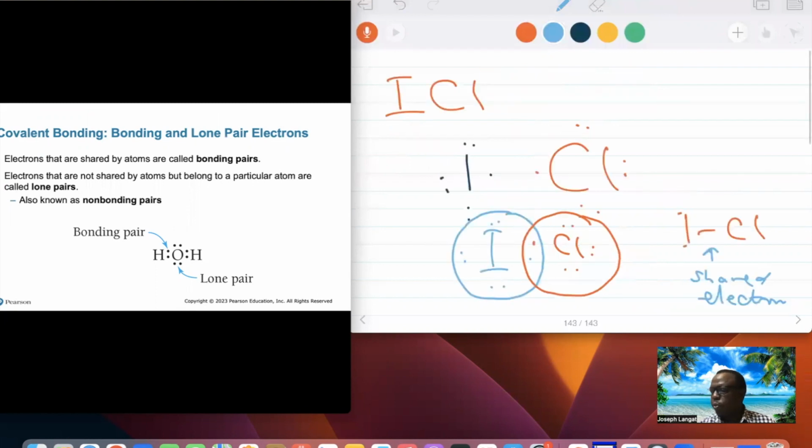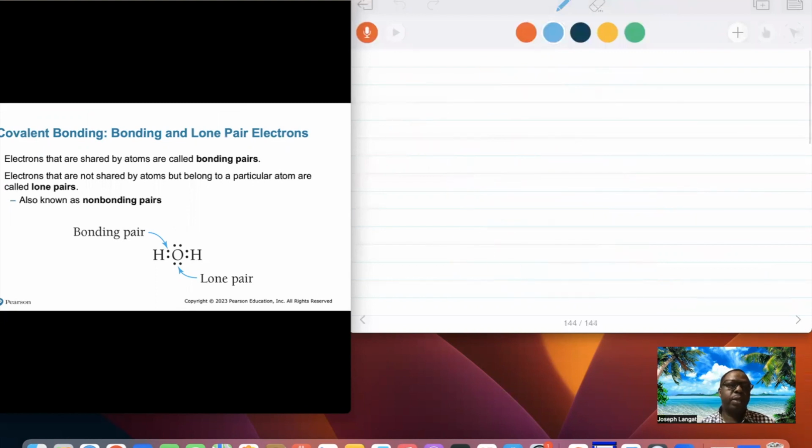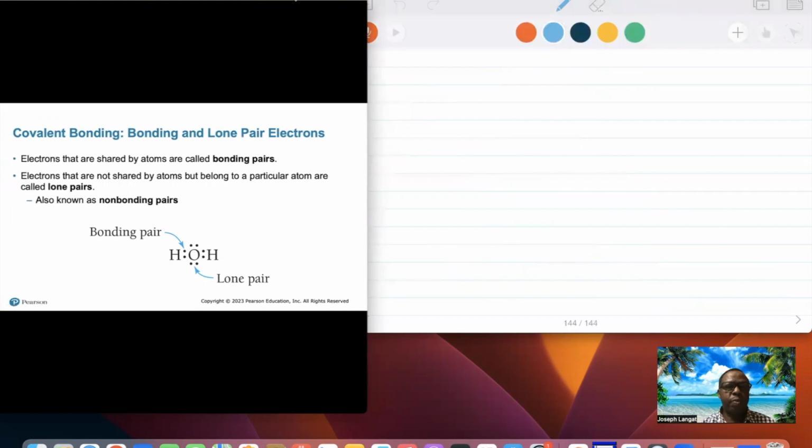Now, there are 2 categories of electrons in a covalent bond. We have what we call bonding pairs and non-bonding pairs.